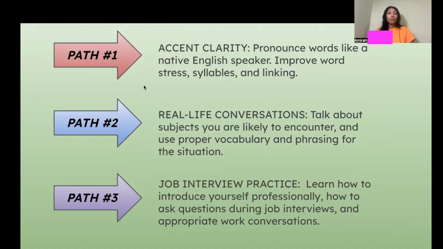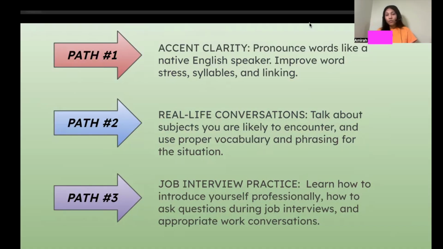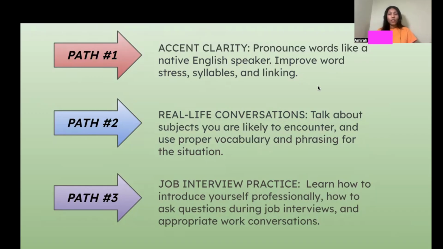Now, I would explain this more: word stress, meaning what words to really emphasize in a sentence, syllables, and linking words to each other. And I would say, do you have any questions about what I mean by accent clarity? They'll say no, or they'll say yes, or they'll say, what does the word clarity mean? What does accent mean? That's when you can explain it.